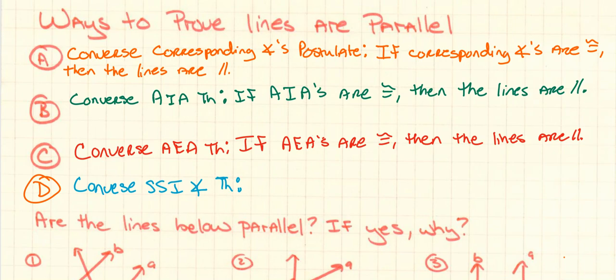They're the ones that are supplementary. So it's going to say if same side interior angles are supplementary, then the lines are parallel.